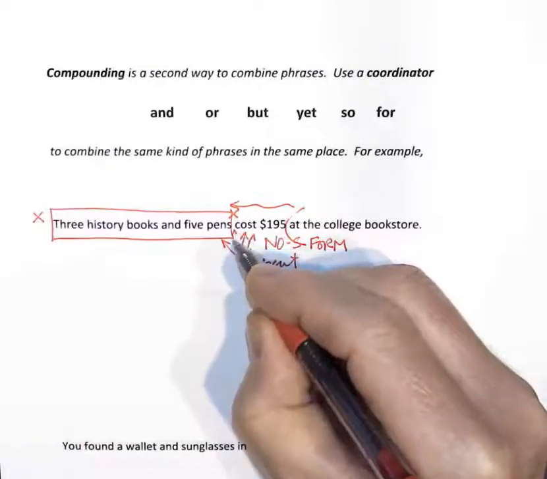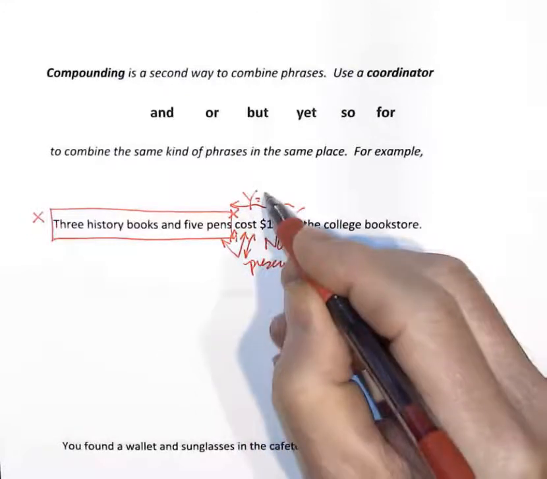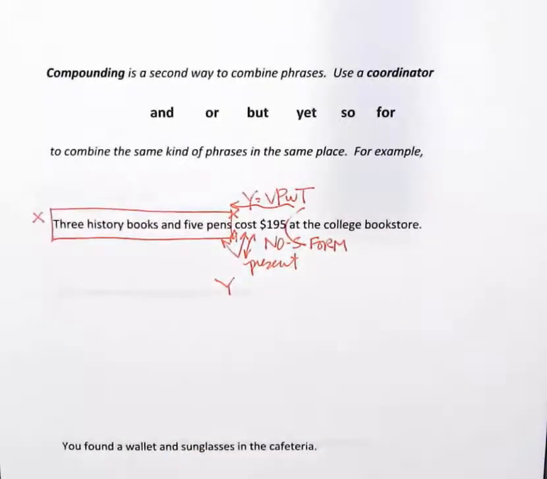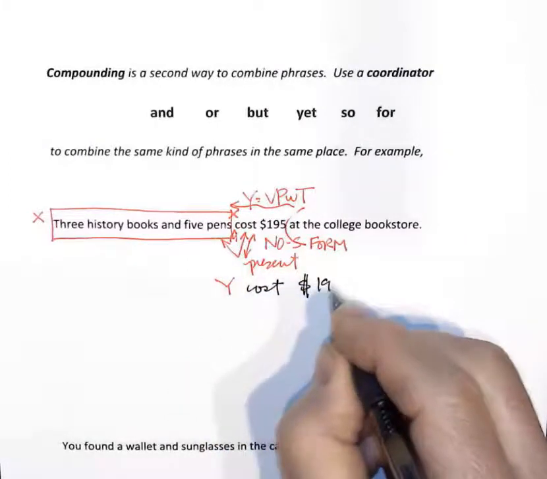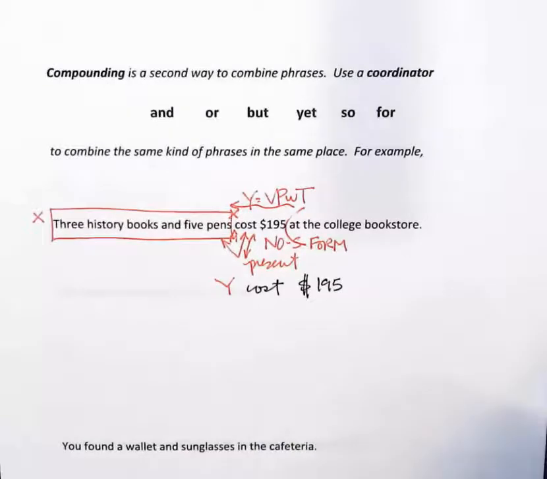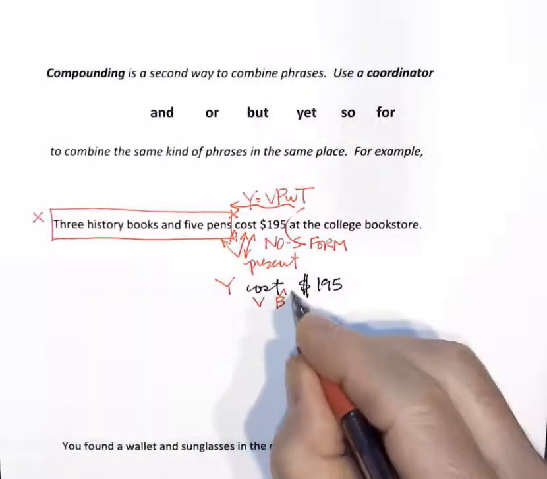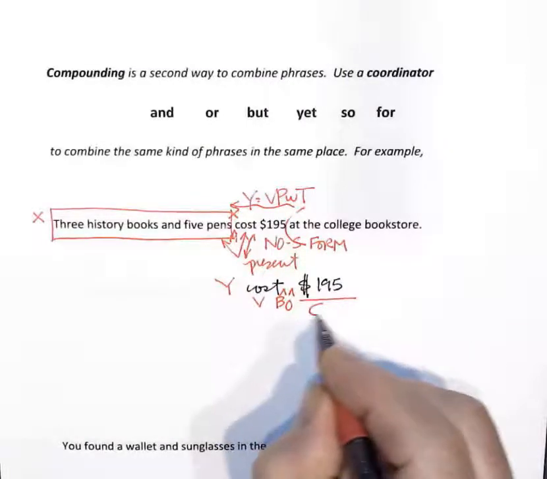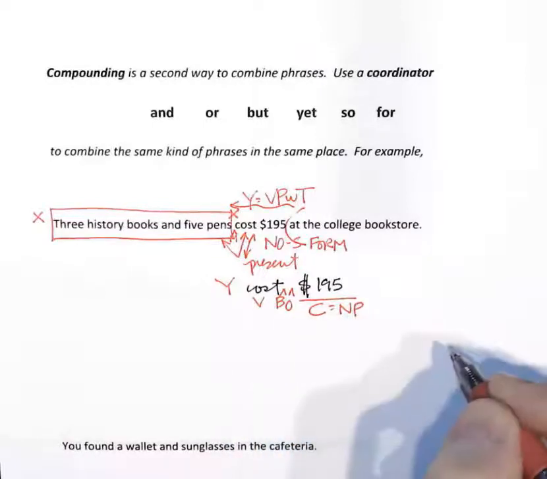So the M place is after the X, and Y is a verb phrase with time. Let's rewrite our verb phrase. Cost $195, and cost is the verb. The particle place is empty. The object place is empty, and the complement is a noun phrase, $195.